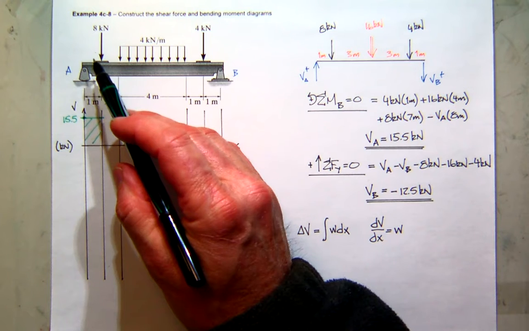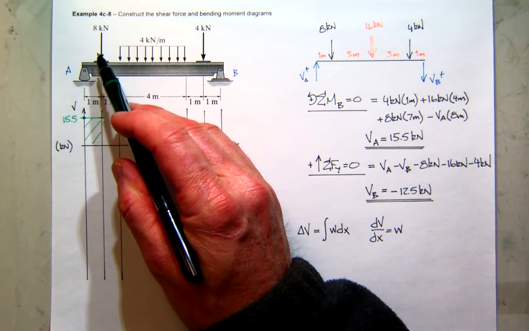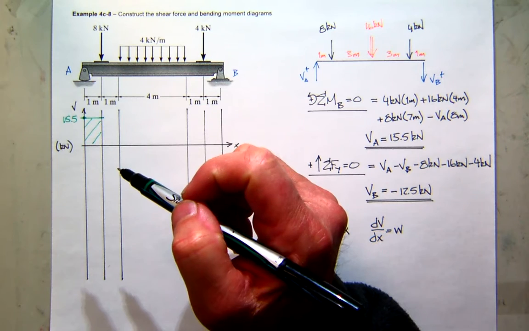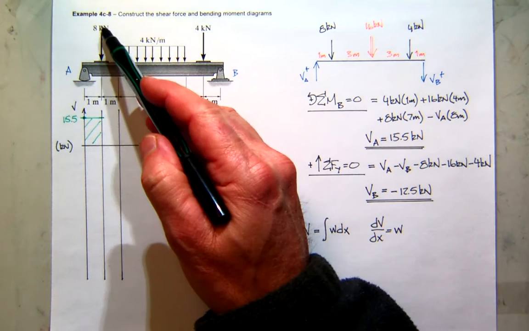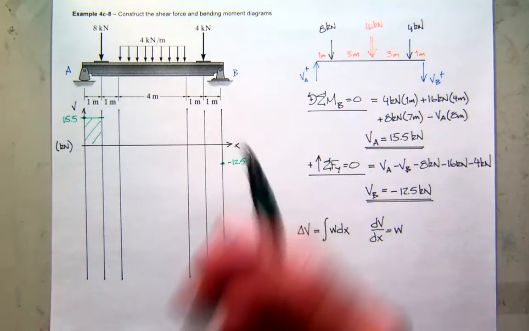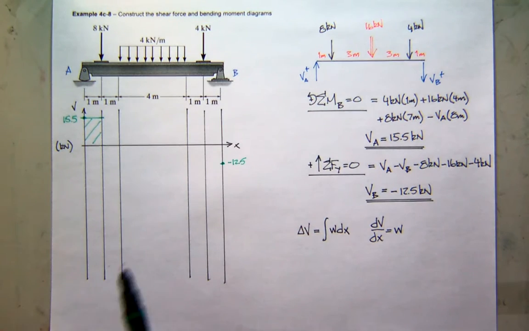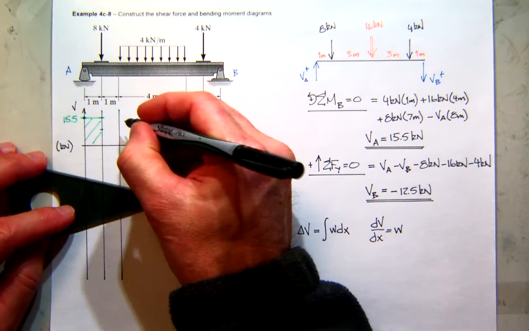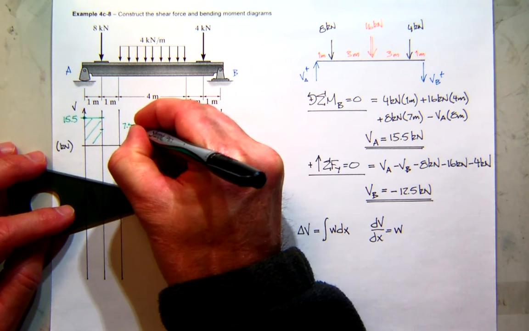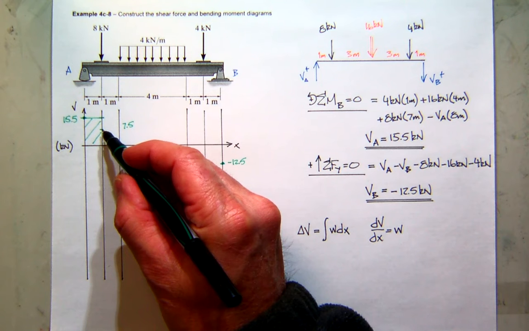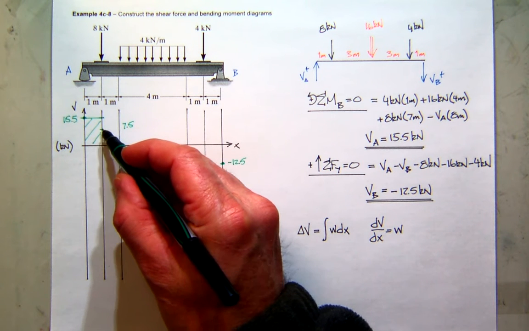Now, as I go from the left side to the right side and we pass under this applied load, how much does my shear change? 8 kilonewtons. Is that a positive or negative change? Negative. So what's 15.5 minus 8? 7.5. So it drops down to there. Now what's the change in shear over the next 1 meter segment?